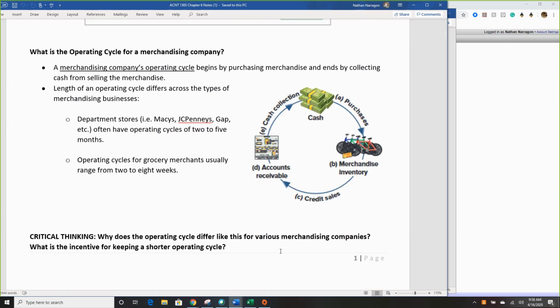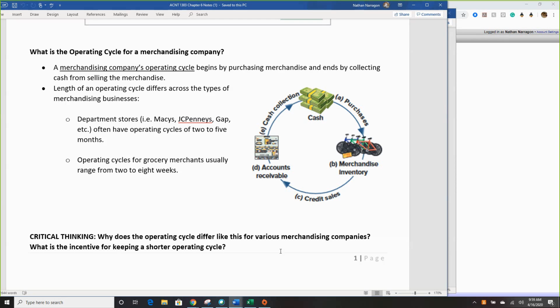The operating cycle for merchandisers really comes down to how quickly I can purchase inventory and get our money back with a profit. So we have our cash, we purchase merchandise, and we're going to probably sell it either for cash or credit sales. Most likely, if we're a wholesaler, it'll be on credit.